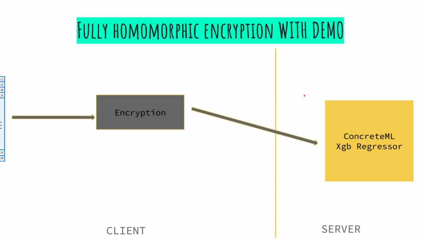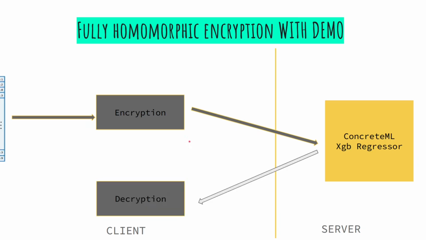Now, once we have this encrypted version, we pass it into the model. It carries out this prediction, and at the level of the client, that's, let's say, the user's mobile phone or some PC, this is going to be decrypted again, and then we're going to have our final output.